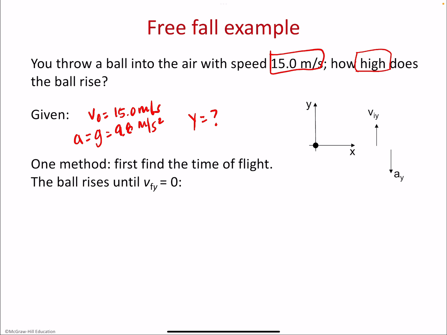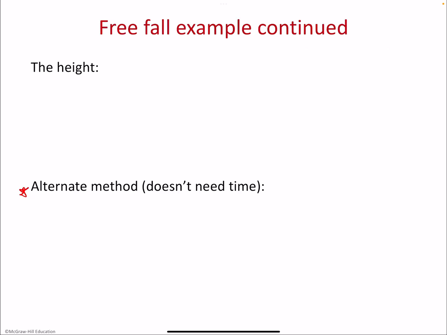So what are you going to assume at the very highest point? What is the velocity at that point? 0. For a split moment, if you throw something in the air, it has a 0 velocity for a moment. Okay, so its final velocity is 0. So we're going to do this one first.